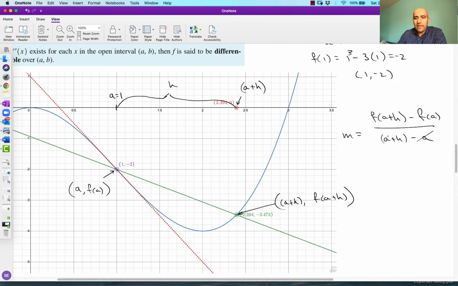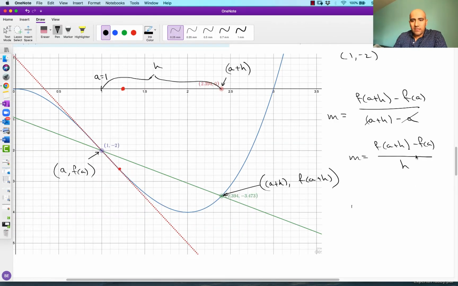In the denominator, the a's cancel, giving us a slope of f(a plus h) minus f(a), divided by just h. So this is the slope of this green line, the secant line. The slope of a line that is created by using these two points, right?